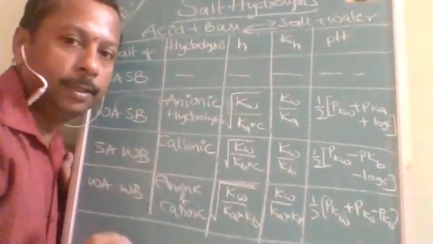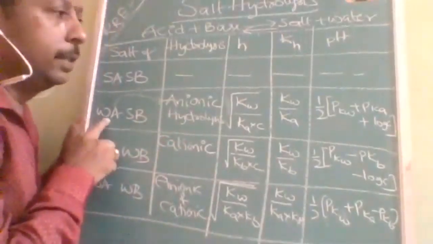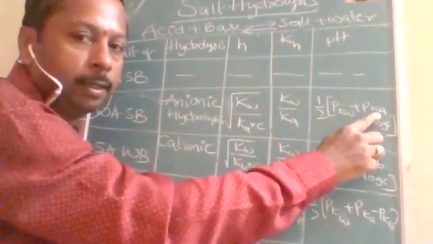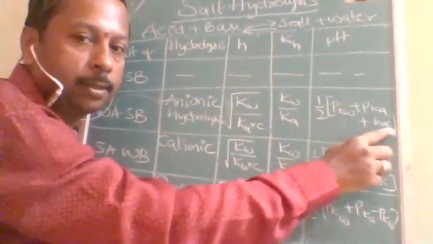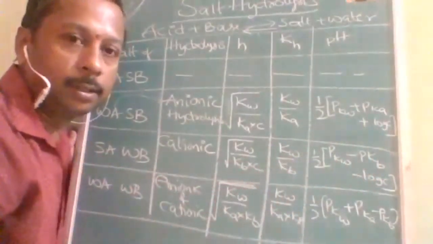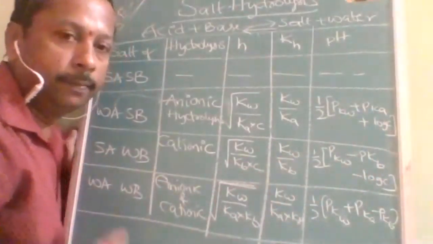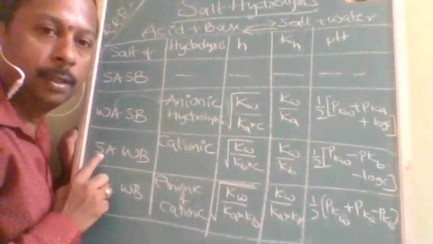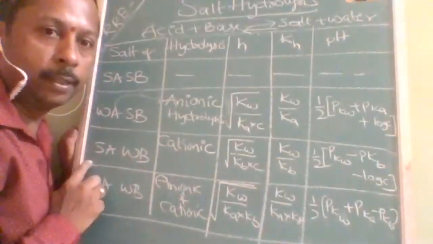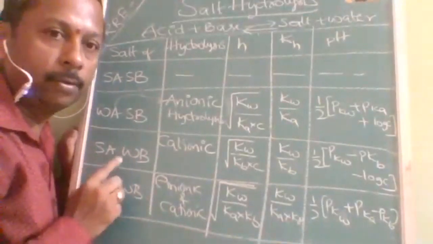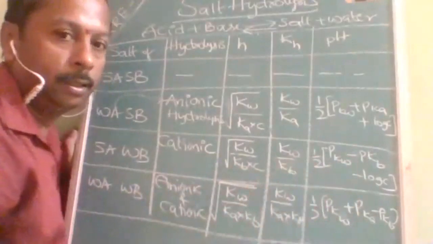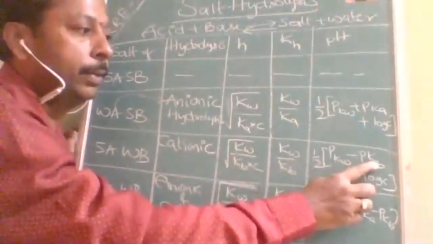Acid is there, so pKa, and here it is plus and plus log C. C is the concentration of acid. Same way, strong acid and weak base. So the acid is strong, pH will be less than 7. To make it less than 7, what you have to do? Minus. See here, minus and minus. And the base is weak, pKb.